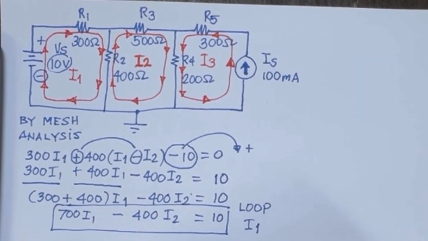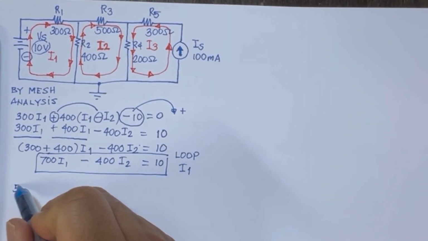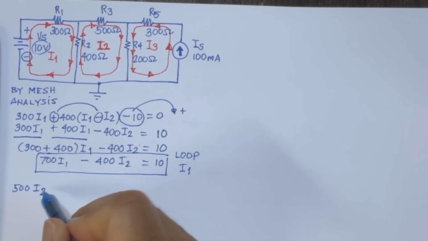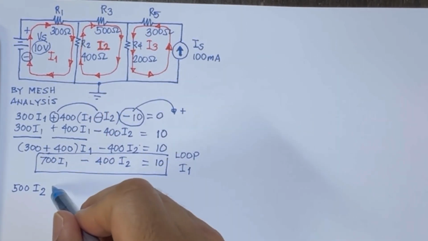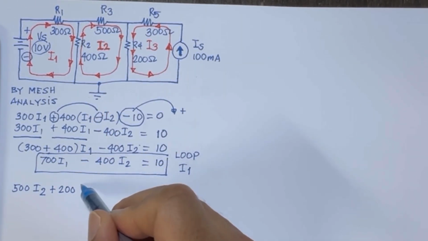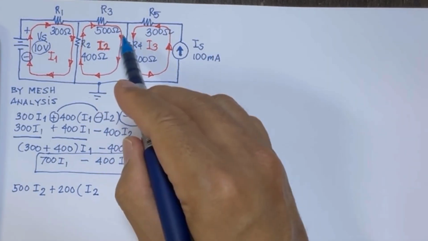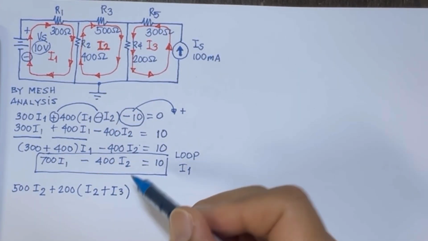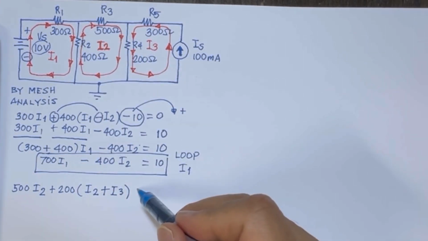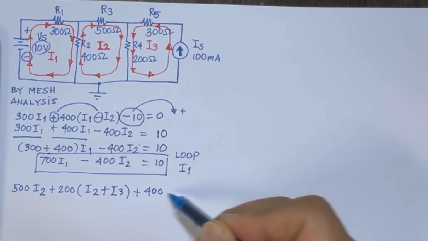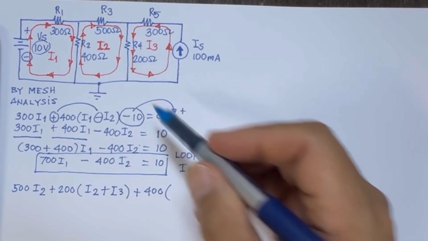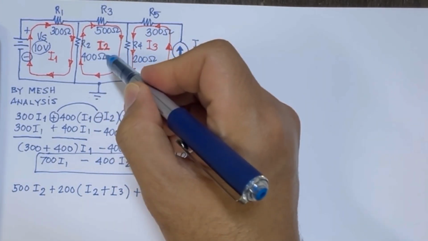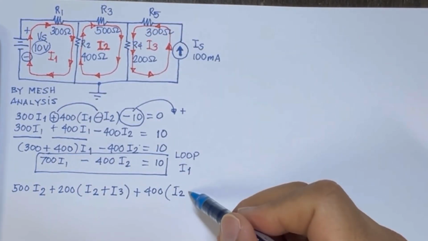After that, we can look at I2, and let's start from 500 I2 plus 200 I2, and I3 is in the same direction, so we will add it, plus I3, and then going counterclockwise 400 I2 minus the I1, which is in the opposite direction.